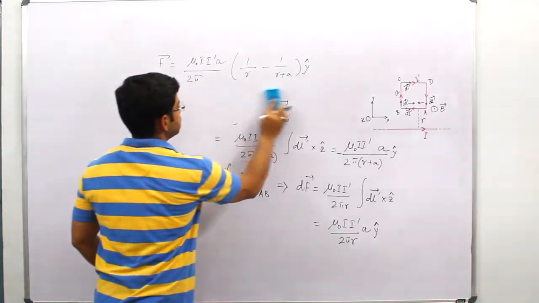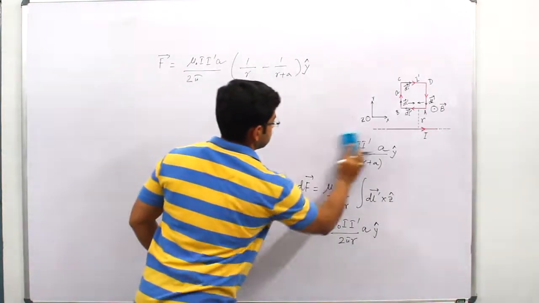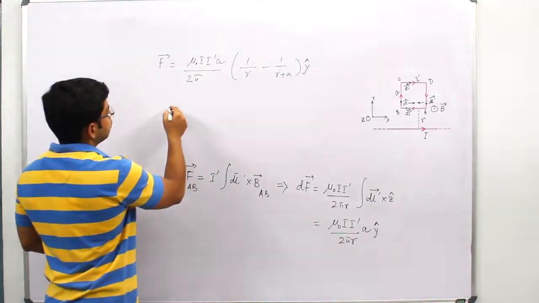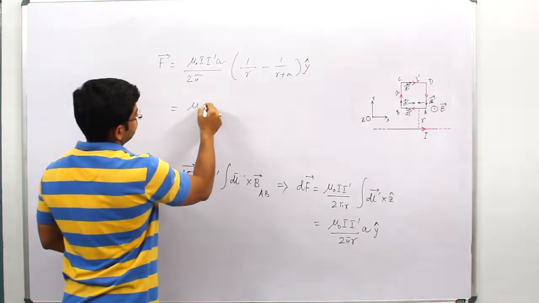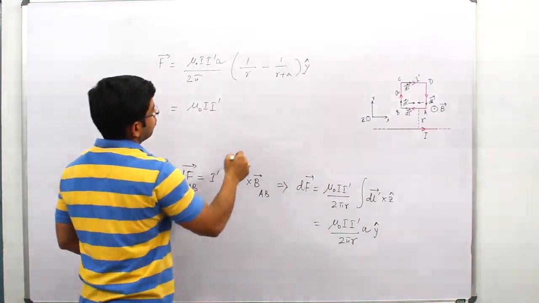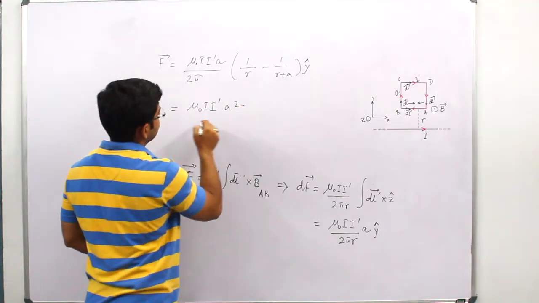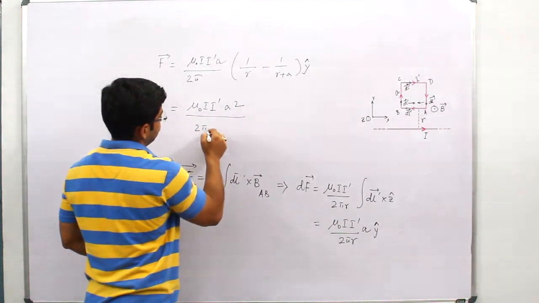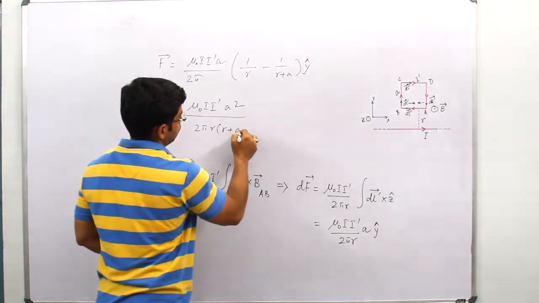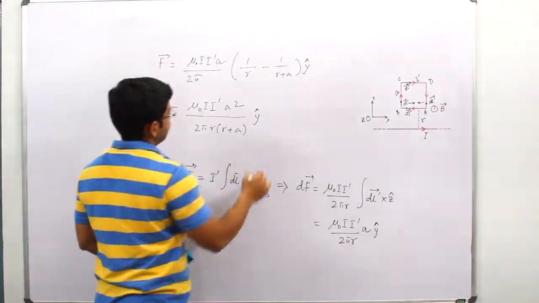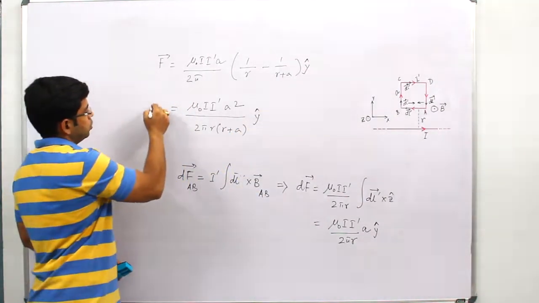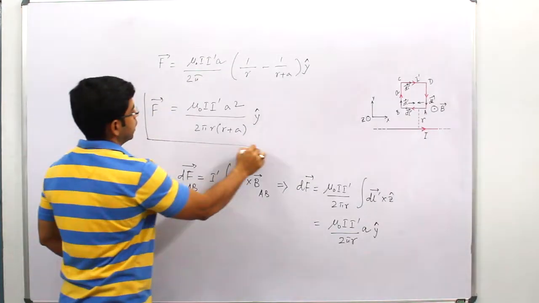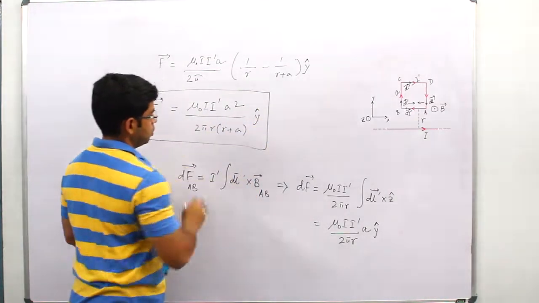So simplifying this, we will get the expression for the total force acting on the square loop.